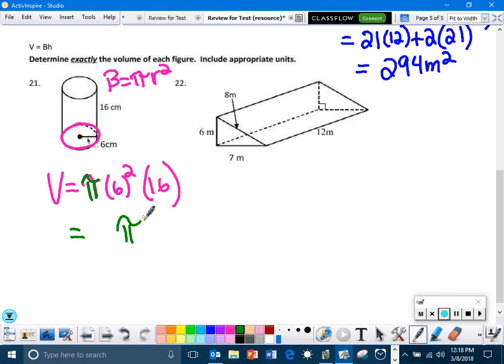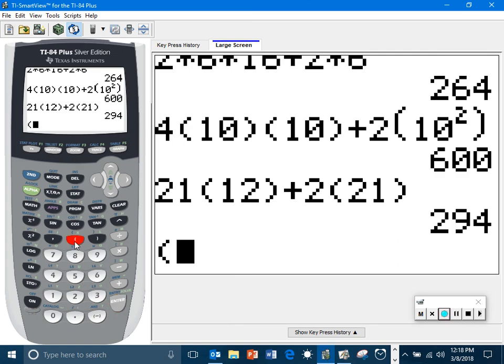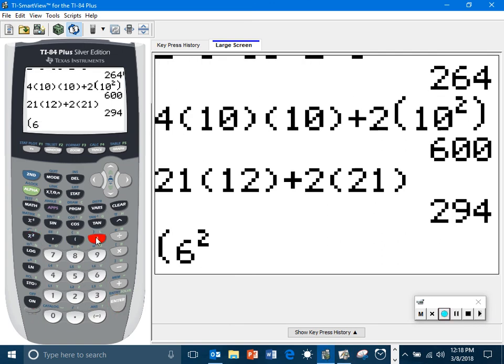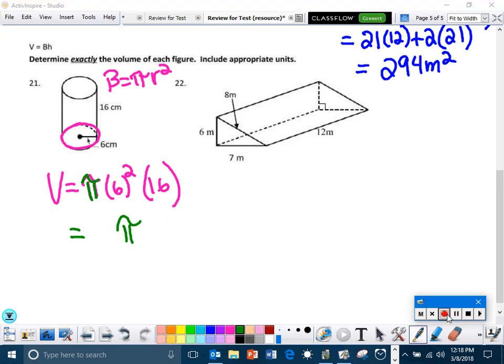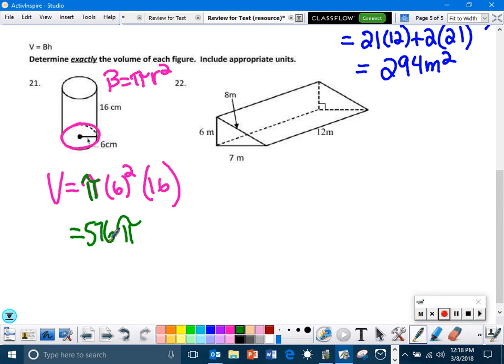So now just take 6 squared times 16. 576. So 576 pi centimeters cubed. Volume is cubed.